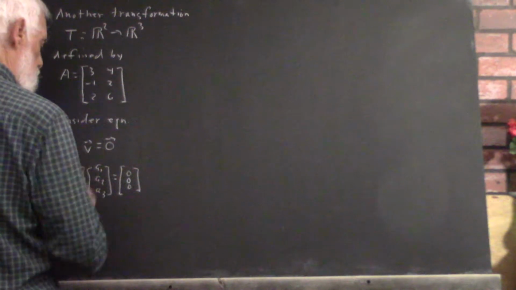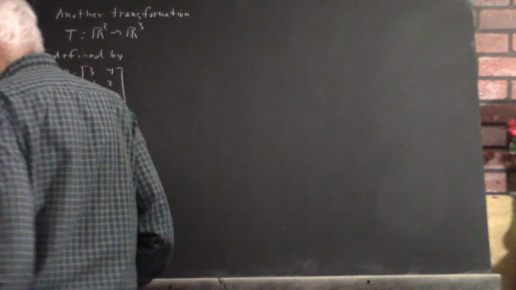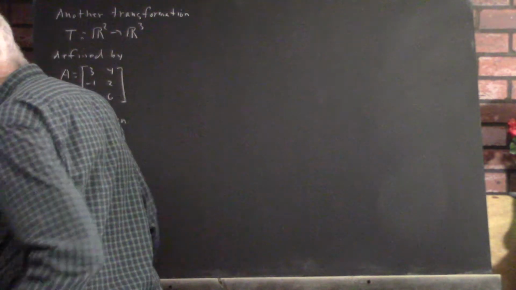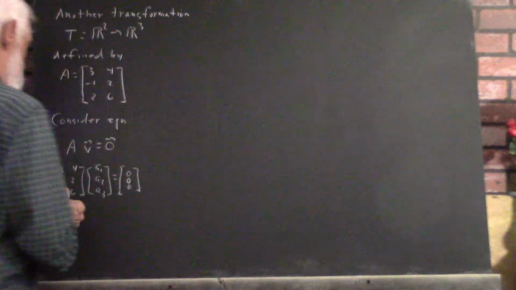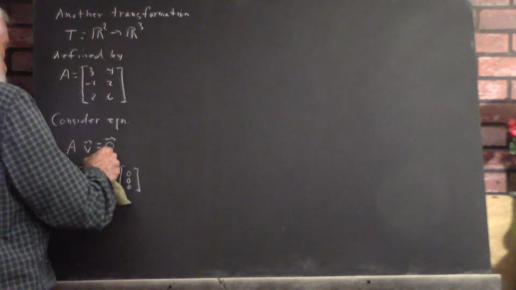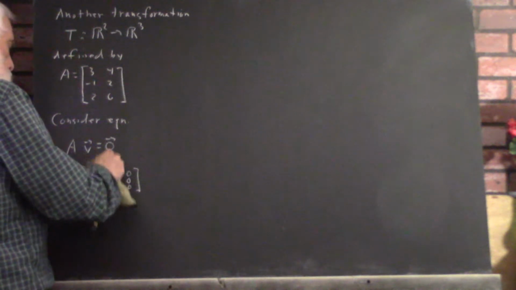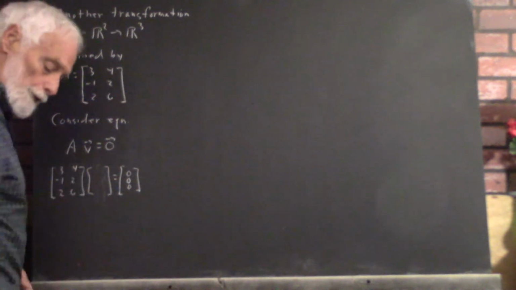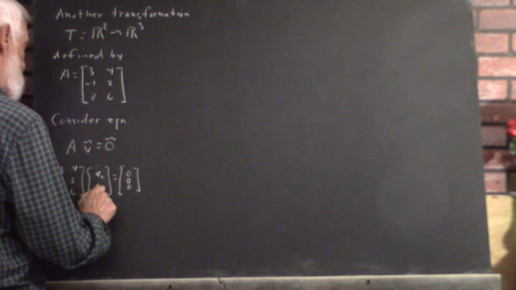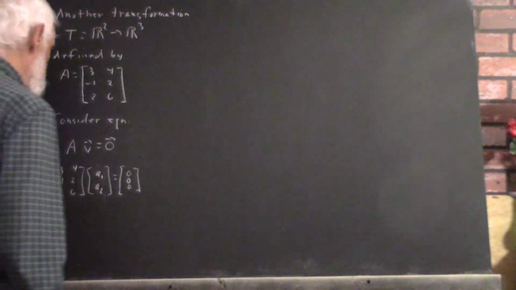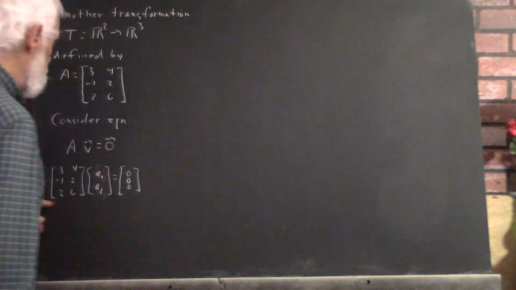Need 3 zeros over here, and I only need 2 components here, because we're going from R2 to R3, get my letters right. Okay, so we've got A1, A2.